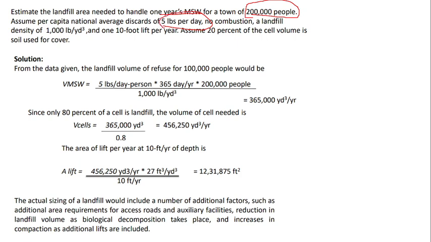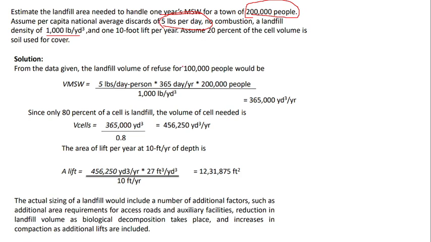So in a day, 5 pounds of waste are generated by one person. It is a per capita, one person, and we have 2 lakh people in the town. So first we need to find the total amount of this waste produced. And we have the density of the waste here as 1000 pound per yard cube. So we use all these data.